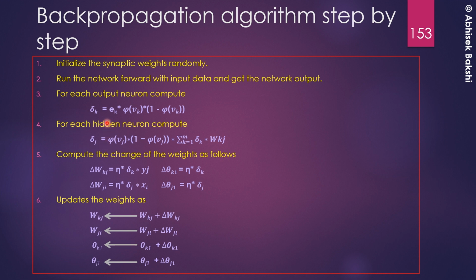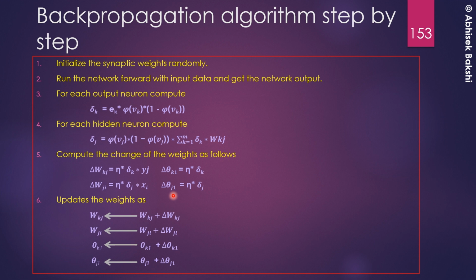So, once you get this delta k and delta j, now it will be very easy to compute the change of the weight. That is delta wkj and delta wji, and also the change of weight between the bias and the next layer neuron, which is delta theta k1 and delta theta j1.